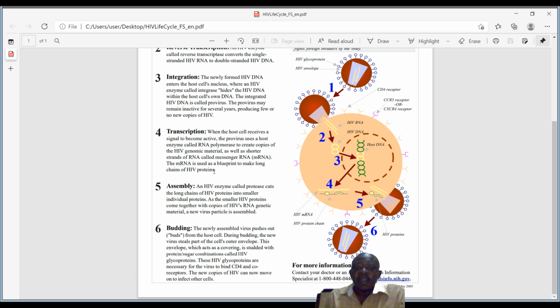The messenger RNA is used as a blueprint to make long chains of HIV proteins.